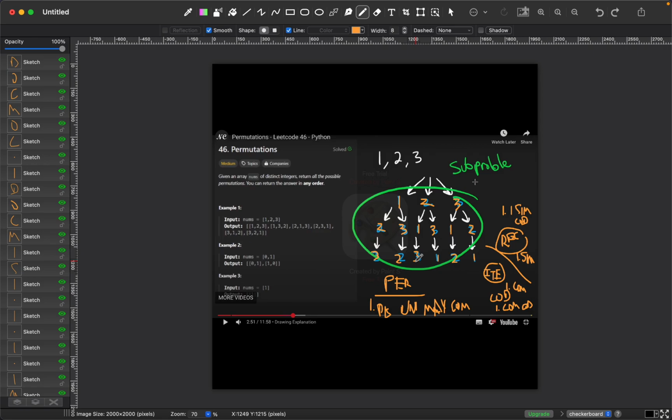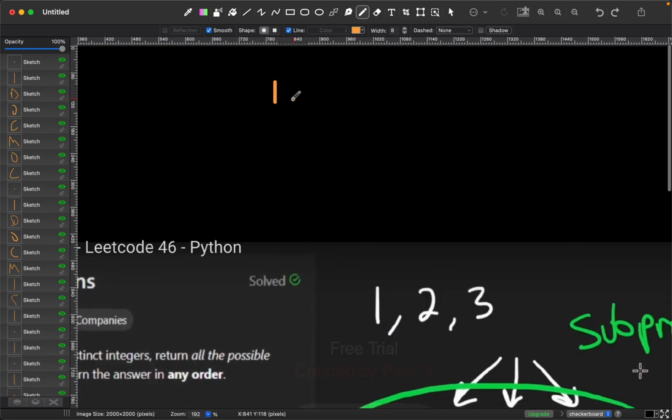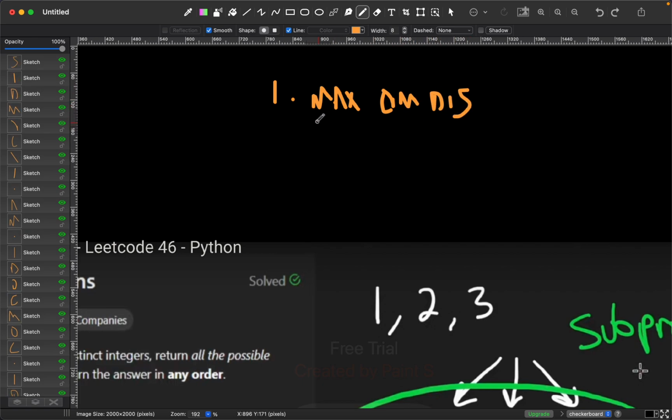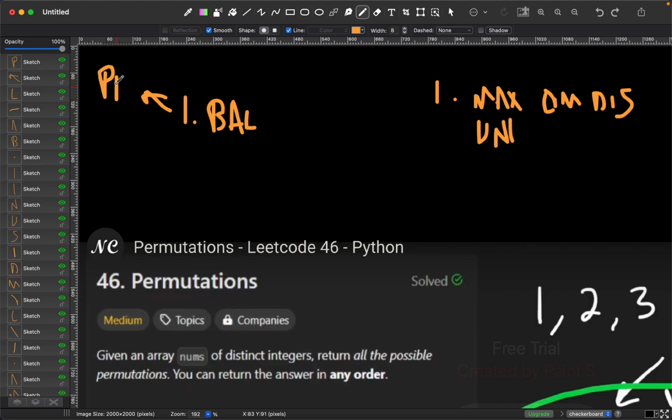So when we do this whole permutation thing, obviously what we are trying to find is the max combination of things, and this one is to disregard the unique values. When you talk a lot about that, you are very much referring to backtracking, and specifically for this case the permutation category.